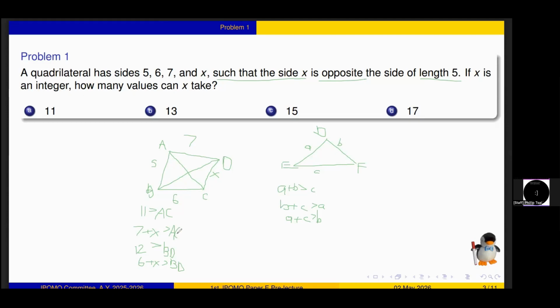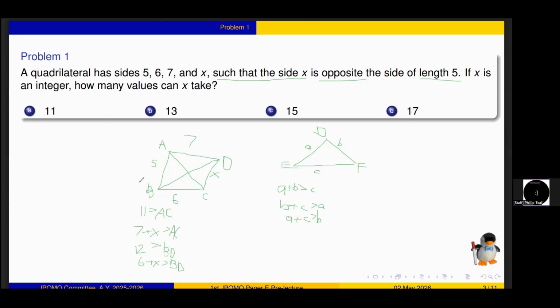I think we should go back to Cobalt's suggestion here: find the possible values of AC. Since we know that AC is less than 11, we have a finite number of values of AC we can test.